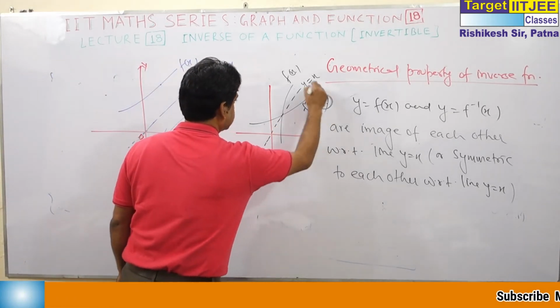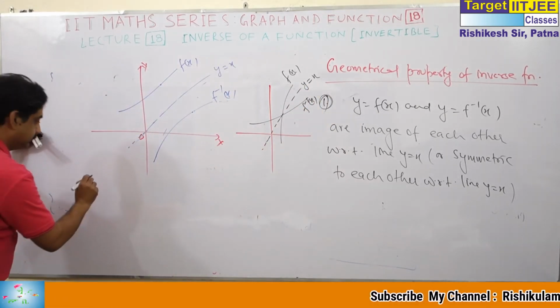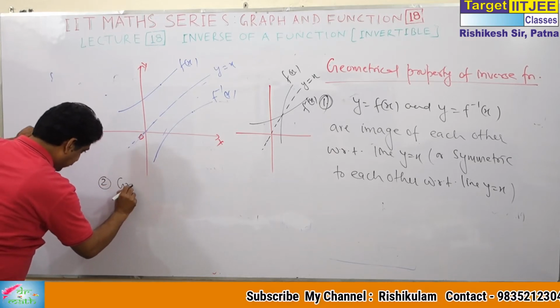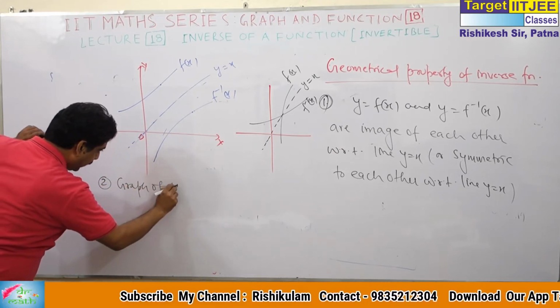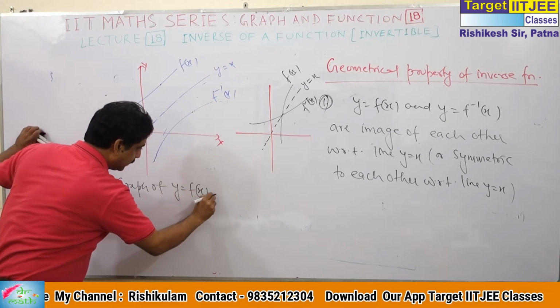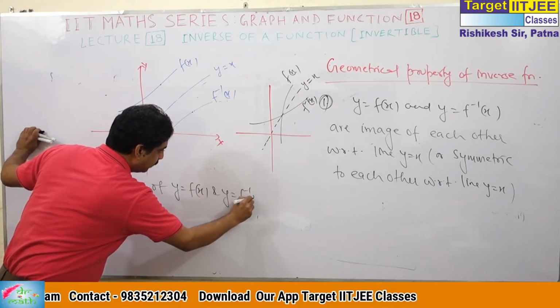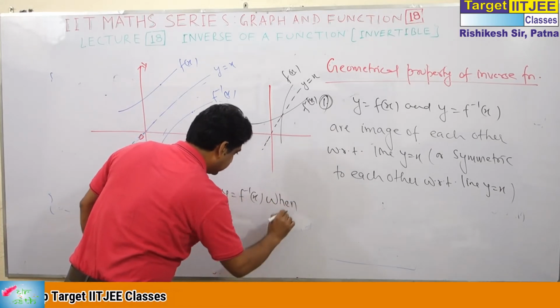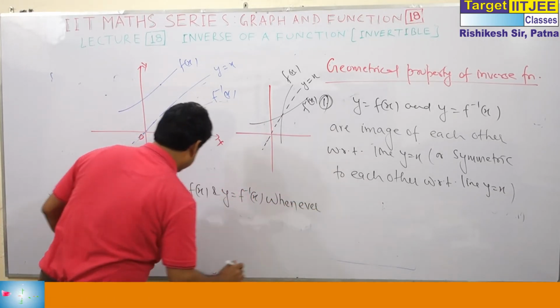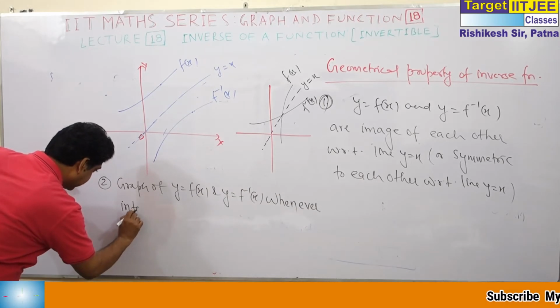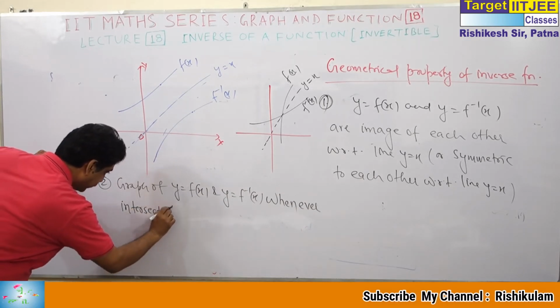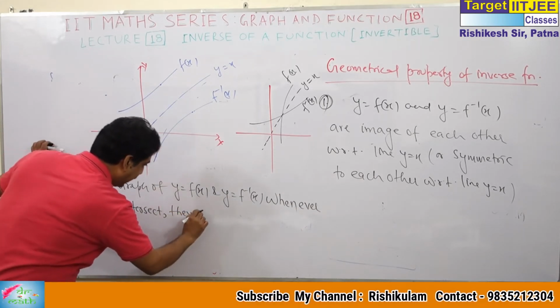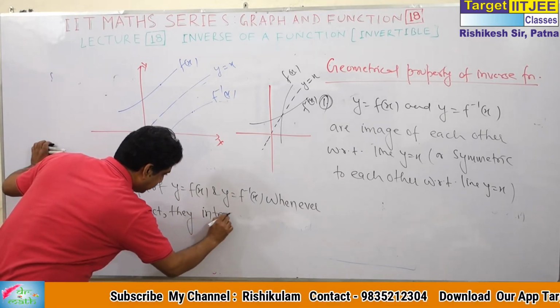The graphs of y = f(x) and y = f inverse x, whenever they intersect, they intersect along the line.